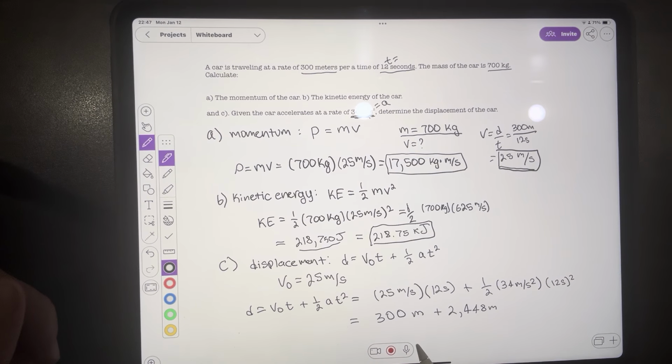If we plug this all in and multiply, if we put in a calculator, which will give us a final value of our displacement to be 2,748 meters.